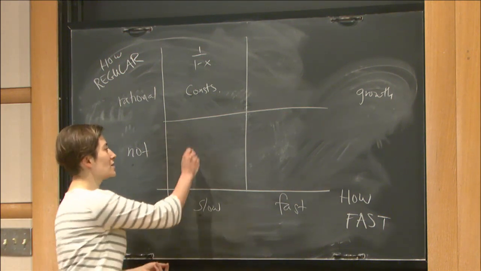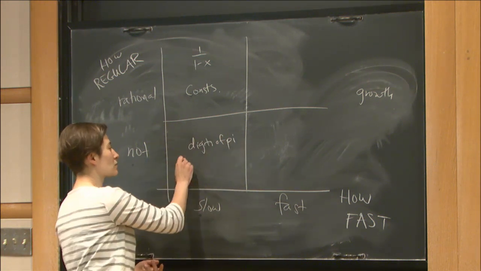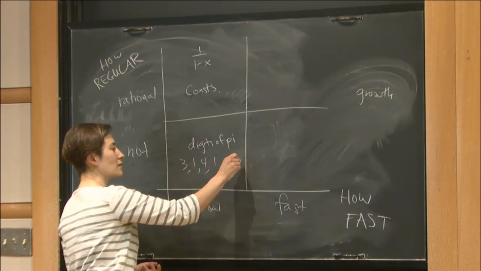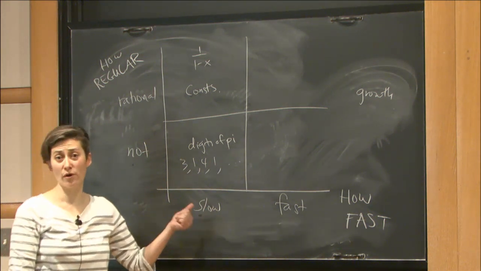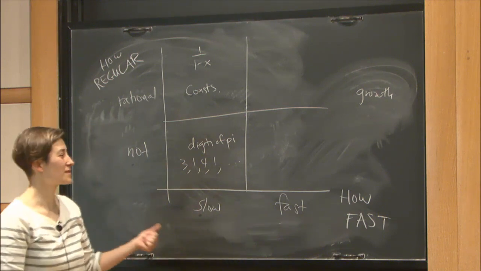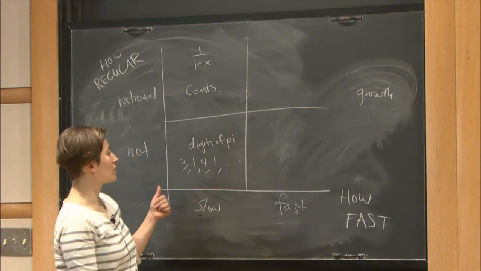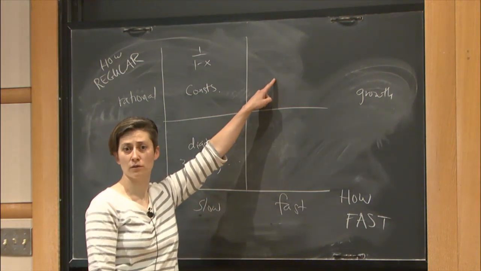Pi. Yeah, the digits of pi sequence: 3, 1, 4, 1. Not rational, but it's bounded by 10. It's not growing very fast. It's not growing, really.